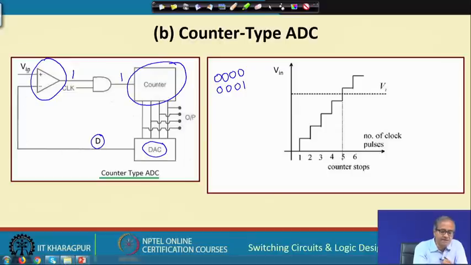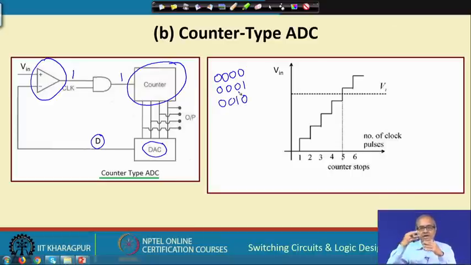Again that voltage will be compared. If V in is still larger, the output of the comparator will still be 1. So, again the counter will count by 1 more, 2. In this way the counter will go on counting 0, 1, 2, 3, 4, and the output of the DA converter will also go step by step, continuously increasing, and the comparator will be comparing that increasing voltage with your input voltage.